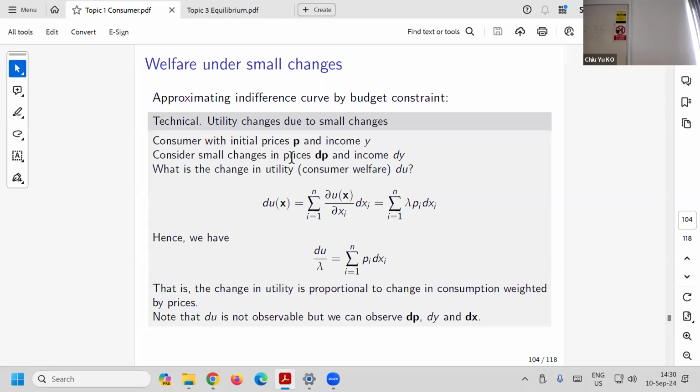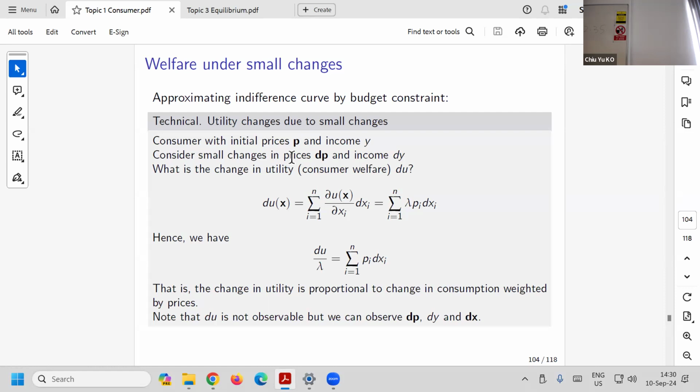That's very useful in the policy world, because you never observe how utility changes. You look at the prices, look at how people consume, and then look at how their welfare changes. That's the easiest thing to measure, because I don't need to assume anything about utility. Make no assumption.